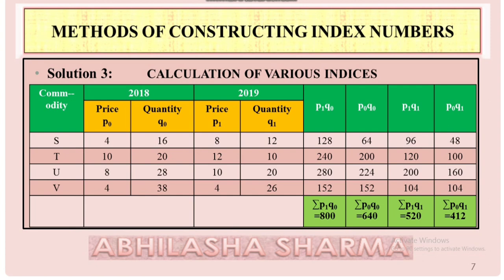Similarly, quantity of current year is denoted by Q1 and quantity of base year is denoted by Q0. On multiplying P1 to Q0 of each commodity, we get sigma P1Q0 is 800. In the same way, we find sigma P0Q0 is 640, sigma P1Q1 is 520, sigma P0Q1 is 412.